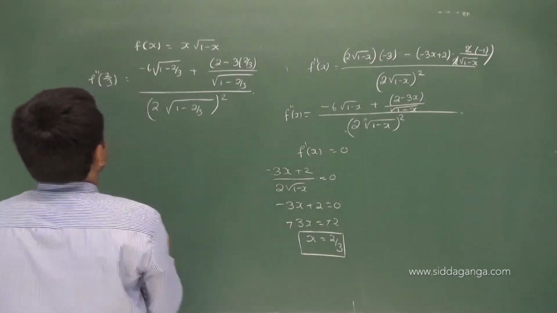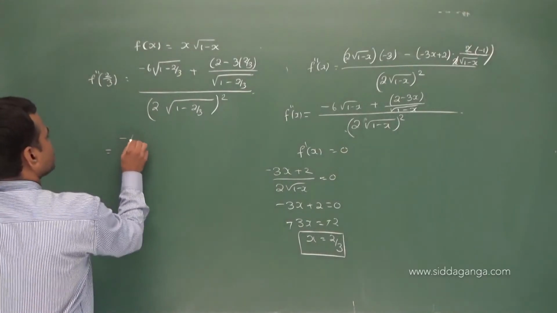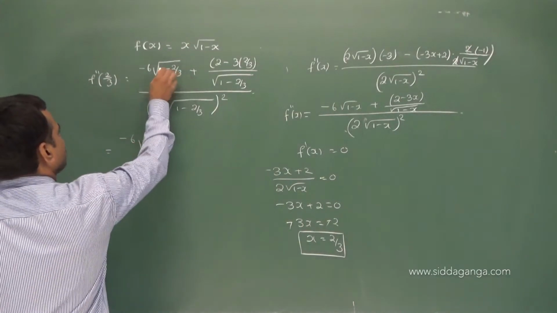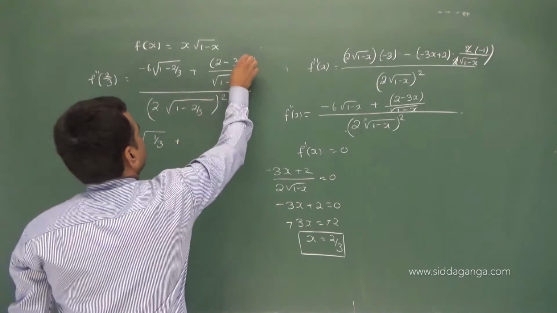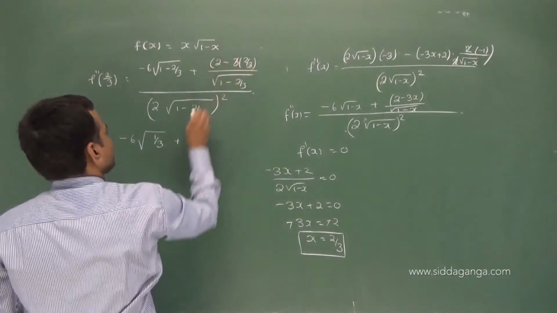So that is equal to minus 6 into root of 1 by 3, plus 2 minus 2, which is 0.